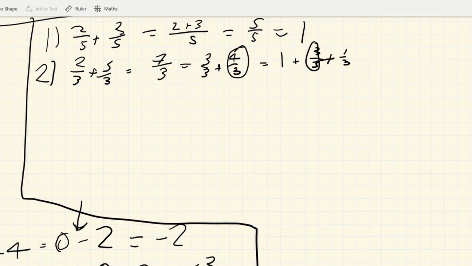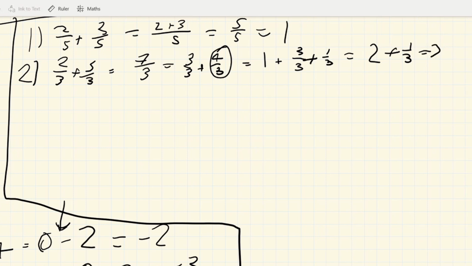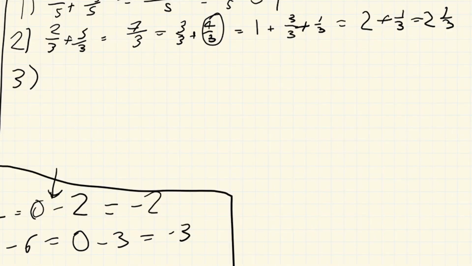So then we've got another 1 from this 3 divided by 3. So this is actually 2 add 1 divided by 3, and we could also write that as 2 and a third. So our remainder is 1/3 when we divide 7 by 3. This 2 was just because the 3 divided by 3 add the other 3 divided by 3 is 1 add 1, which is 2.